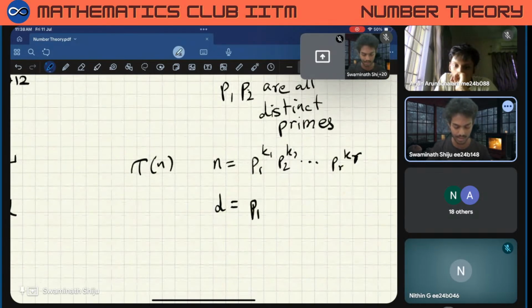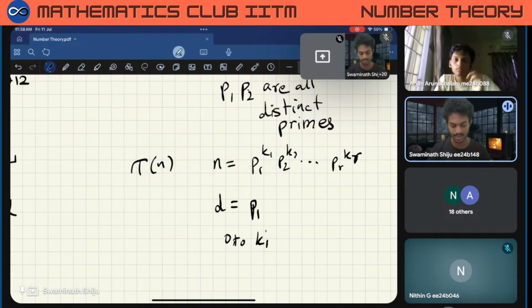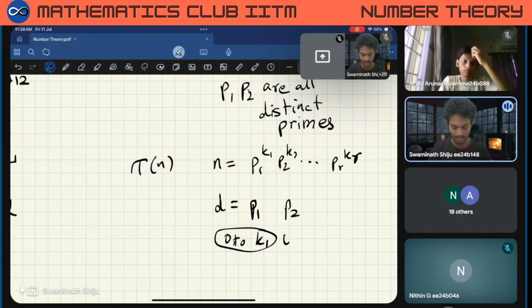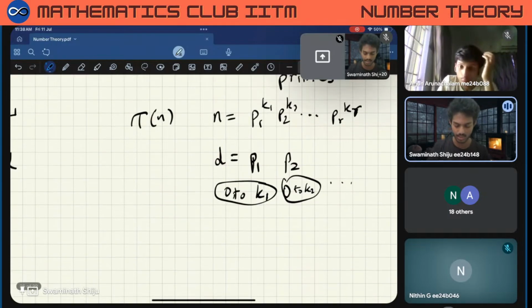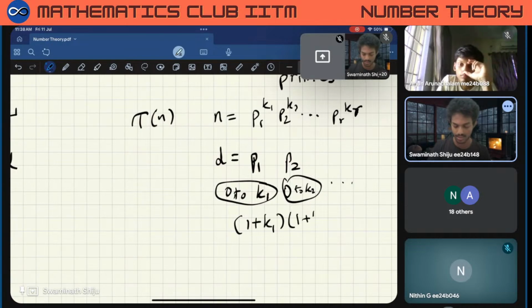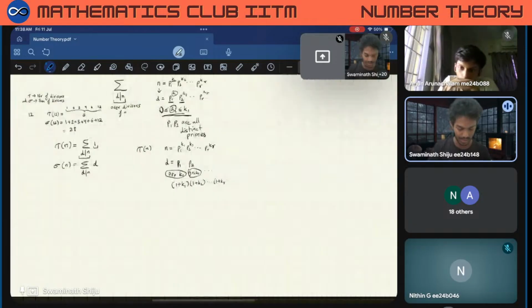For p1, I can choose any number from 0 to k1. And then for p2, again, I can pick from 0 to k2, and so on. So it's independent choices for each exponent. So it's (1 plus k1) into (1 plus k2) into (1 plus kr). That is tau n.